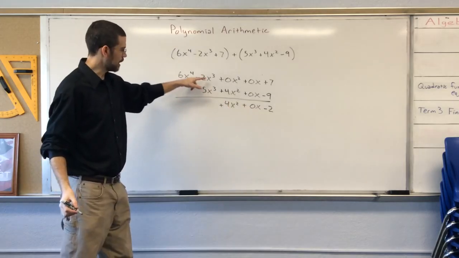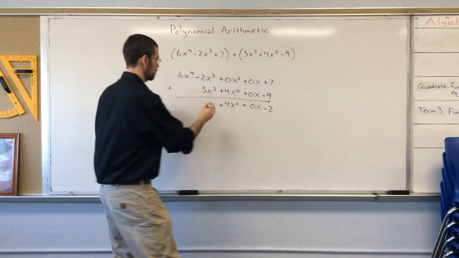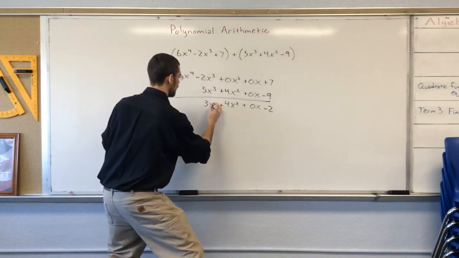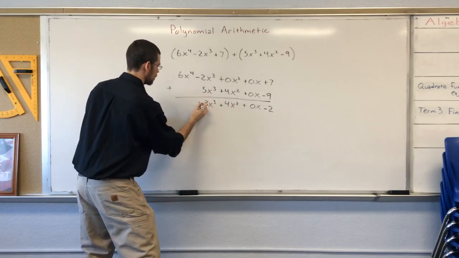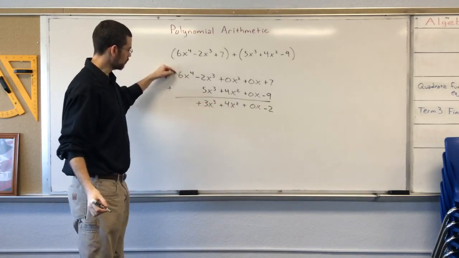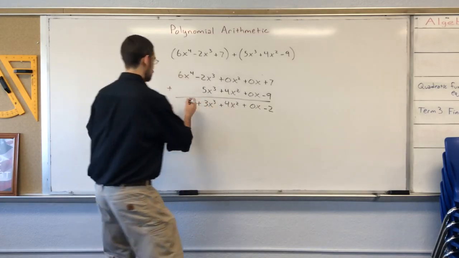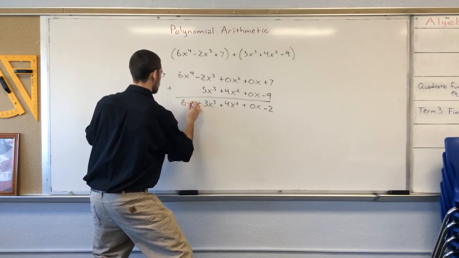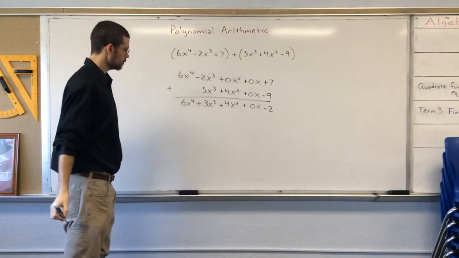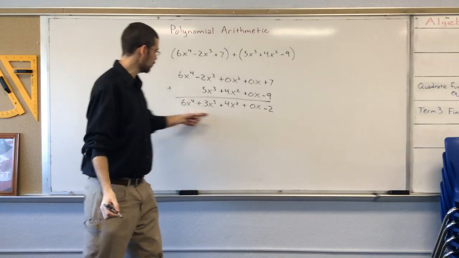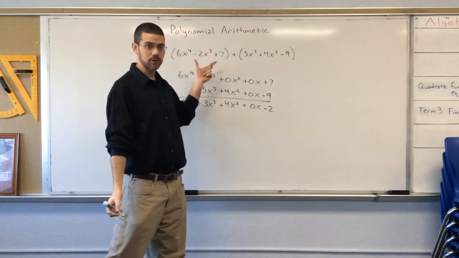We've got negative 2x cubes plus 5x cubes, that's positive 3x cubes. And we have 6x to the fourth with nothing being added to it, so 6x to the fourth. All right, here's our new polynomial that we get when we add these.